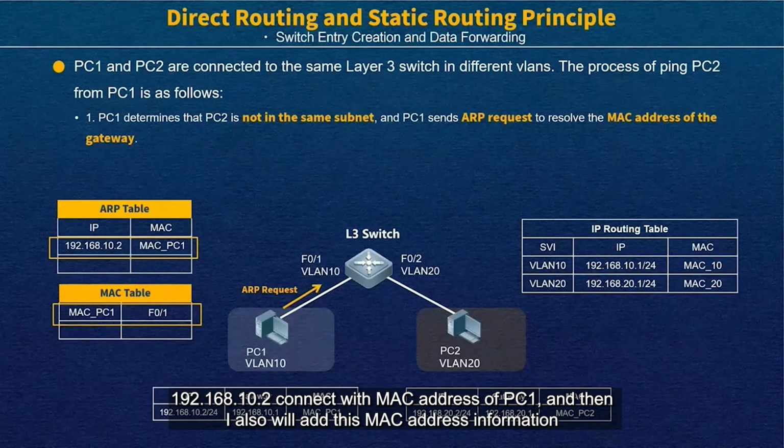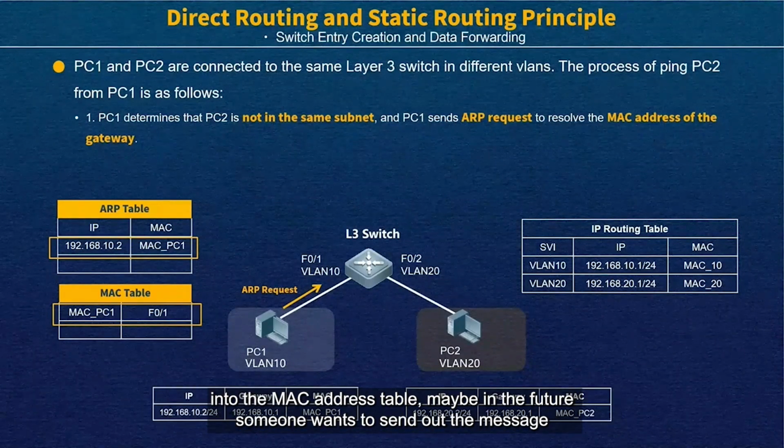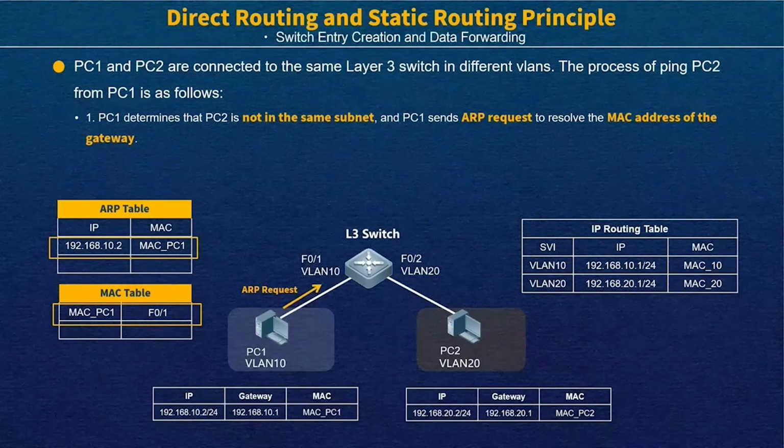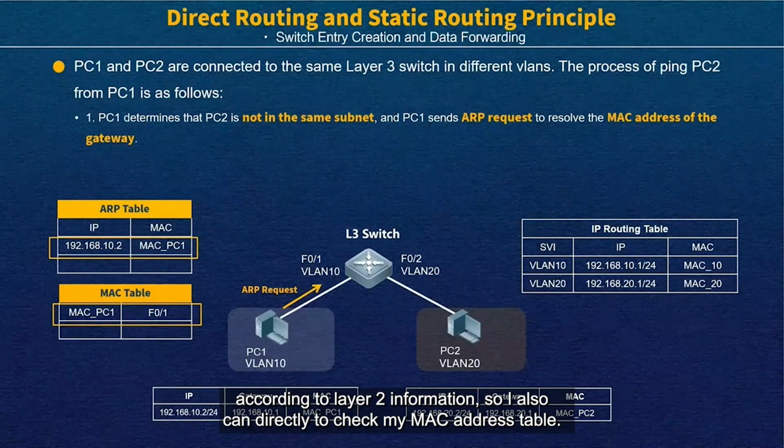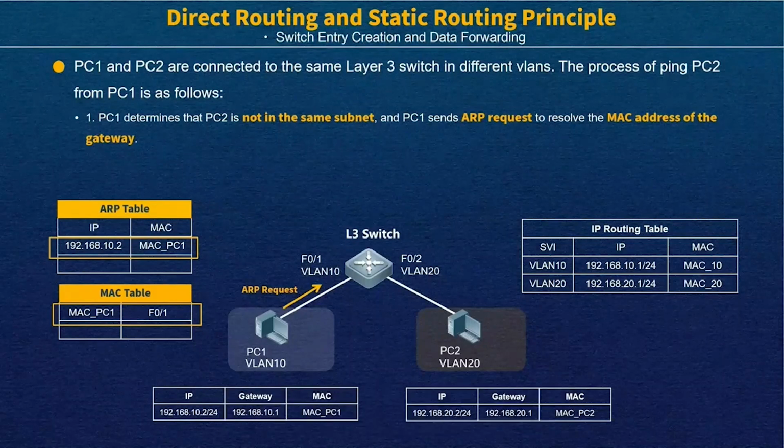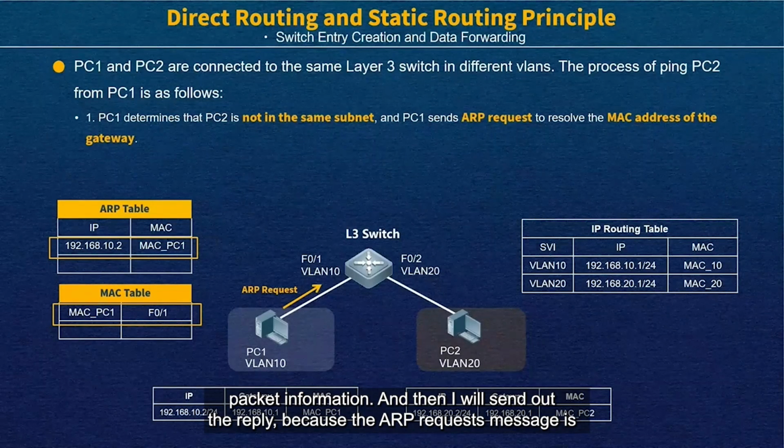And then I also will add this MAC address information into the MAC address table. Maybe in the future, someone also wants to send out a message according to layer 2 information, so I can directly check my MAC address table. This is the first action, learning some packet information.